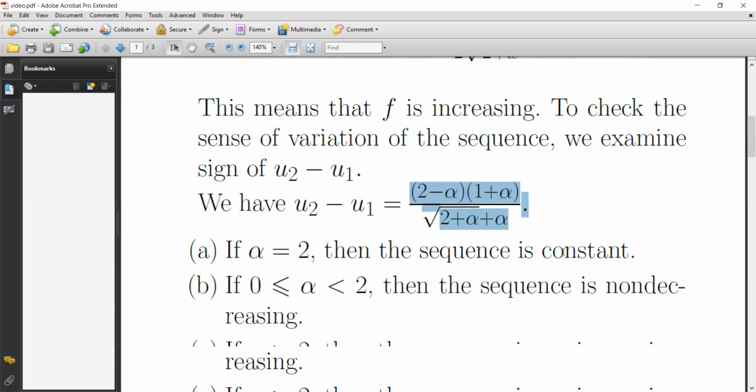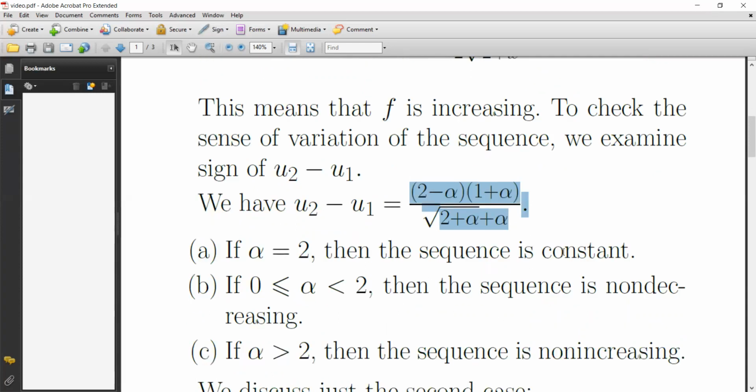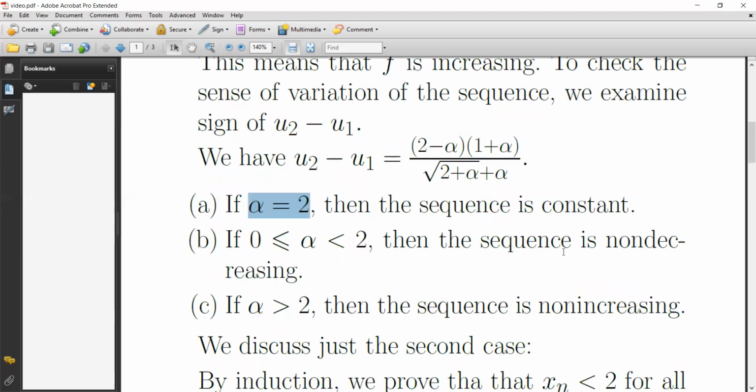So we remark that if alpha is equal to 2, the difference is equal to 0, which means that the sequence is constant. If alpha is less than 2, the difference is positive, which means that the sequence is non-decreasing.